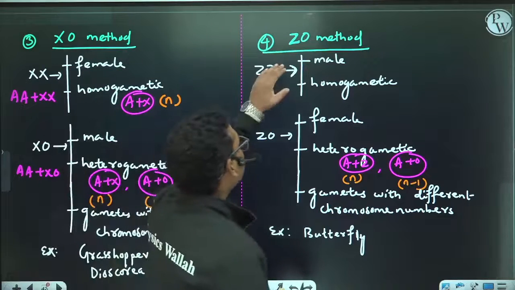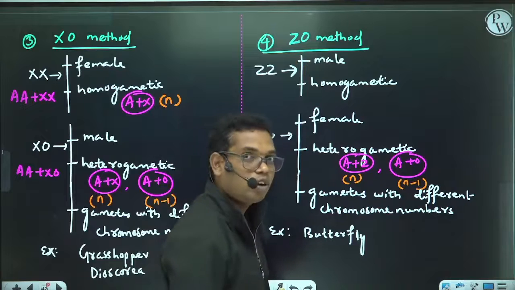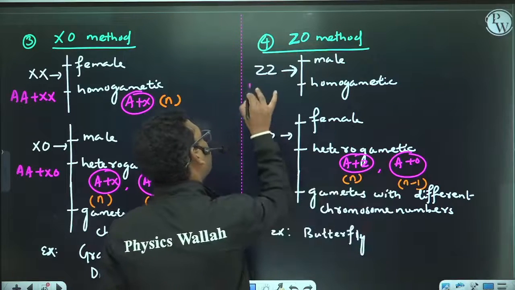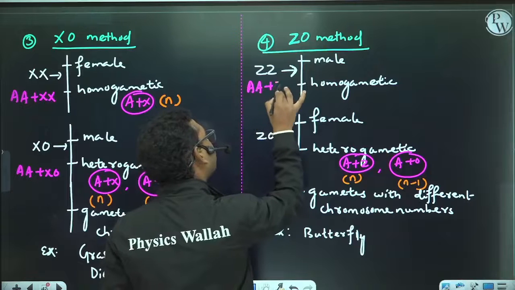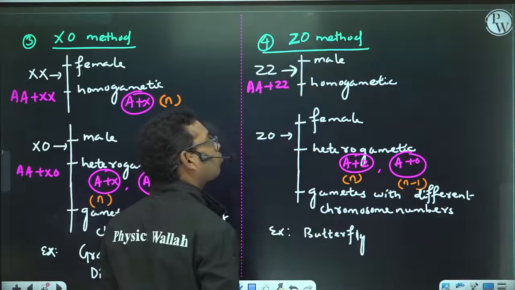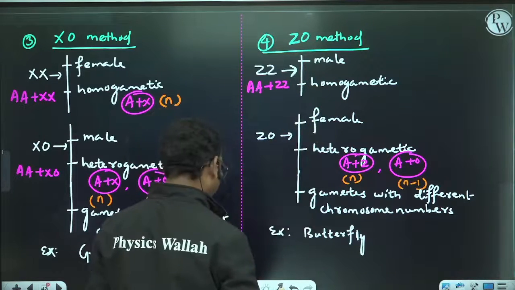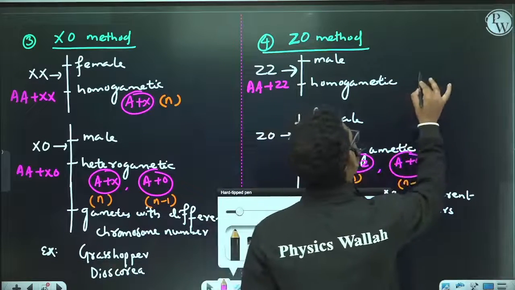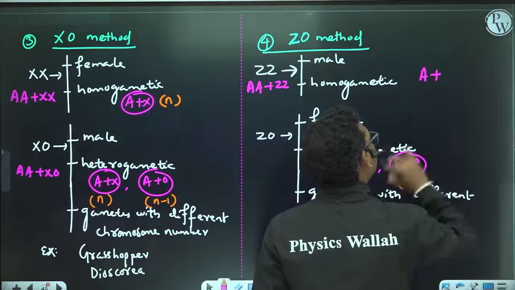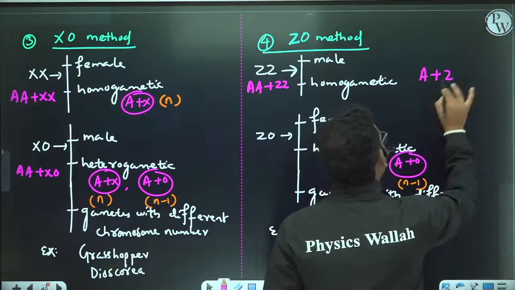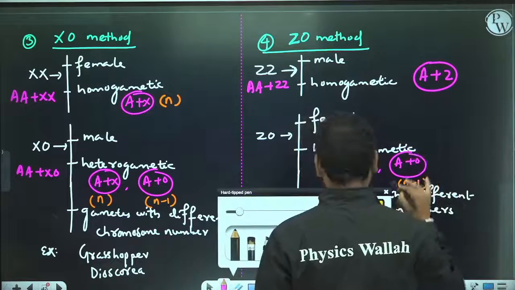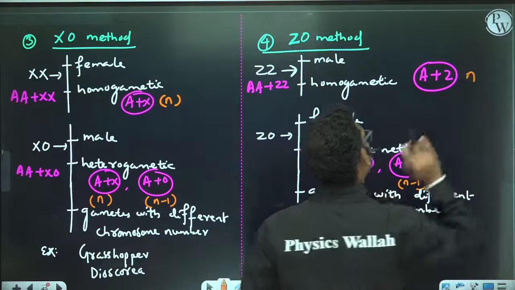Now, what about ZO method? If the individual is having two autosomal sets and two Z chromosomes, that will be male, it will produce only one type of gamete, and the gamete will be having one autosomal set and one Z chromosome. This is haploid.